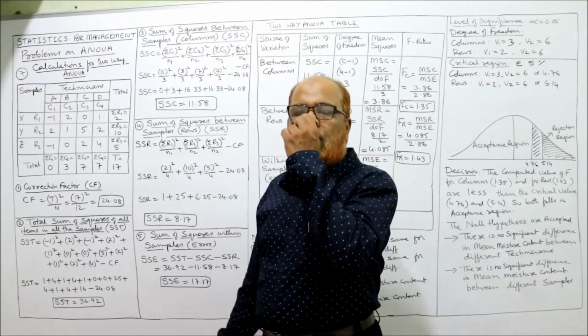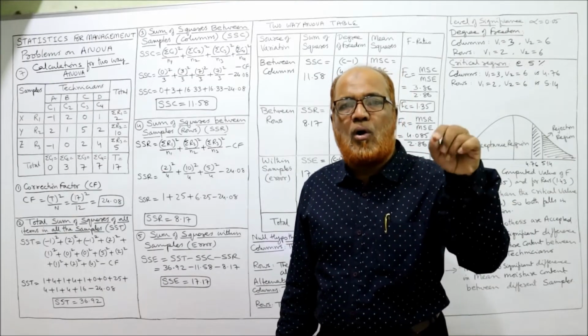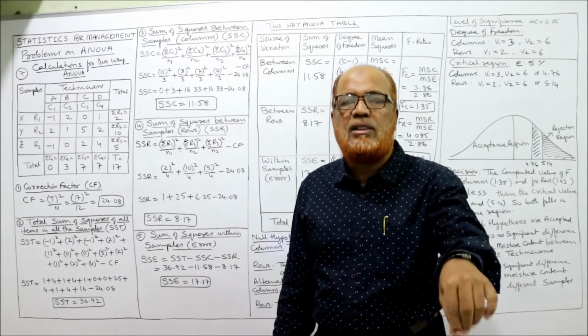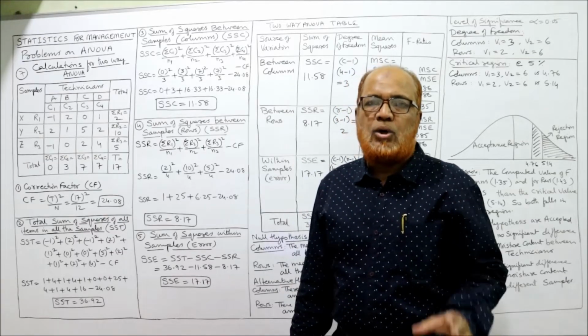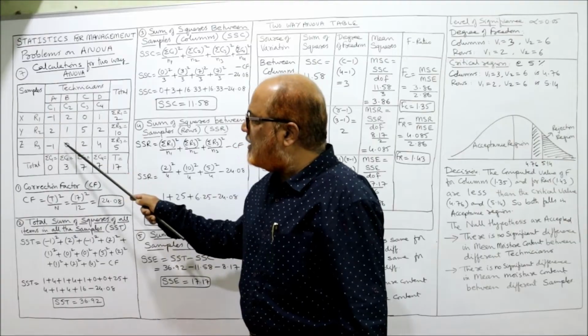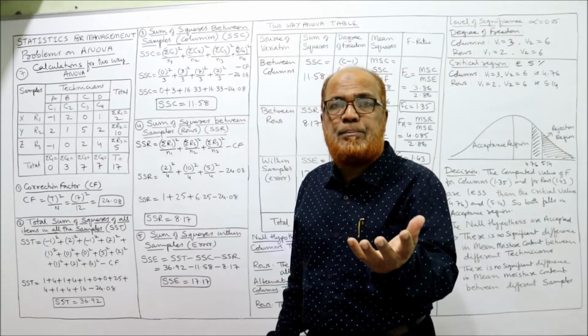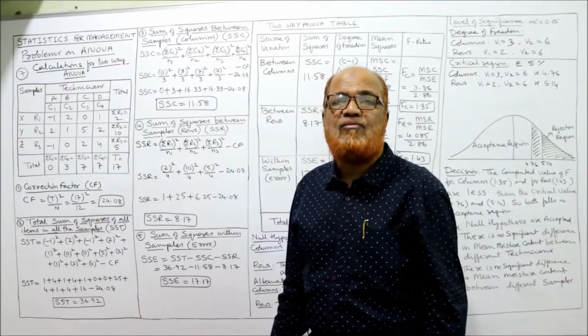Now, first of all, the total sum of squares of all the items in all the samples. We have to square all the values, add up, and deduct the correction factor.